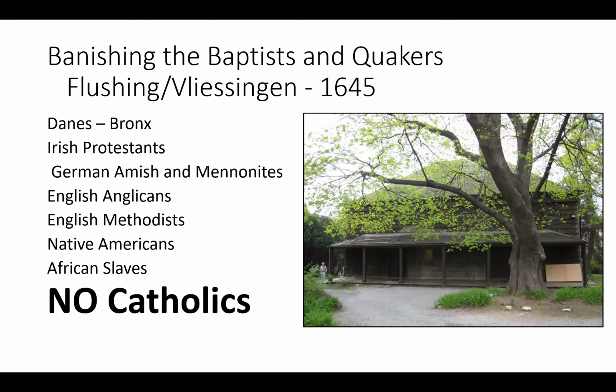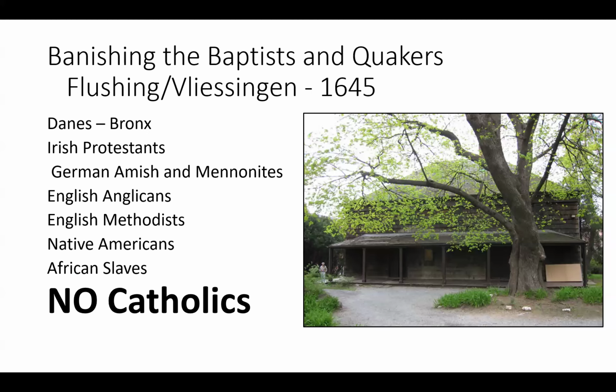Now, of course, Flushing is the modern form of Vlissingen, which is a town in Holland. Well, other groups, in addition to Baptists and Quakers who were settled in Flushing, also were settled in Queens and Brooklyn, as well as the Bronx, people from Denmark.